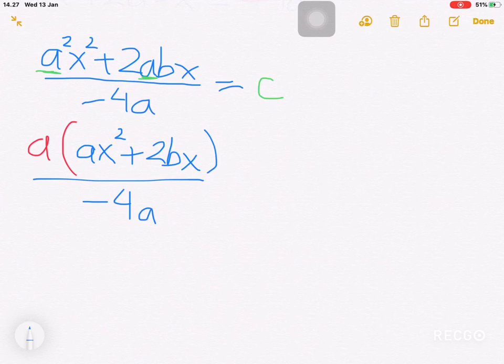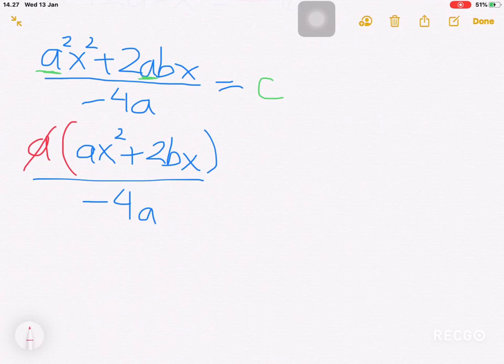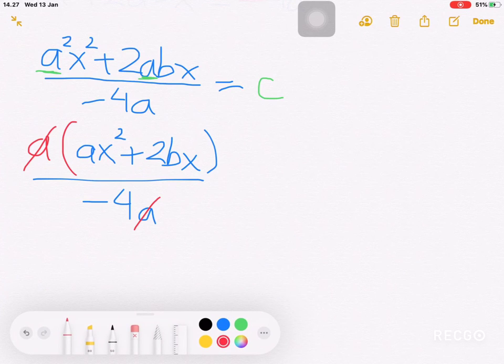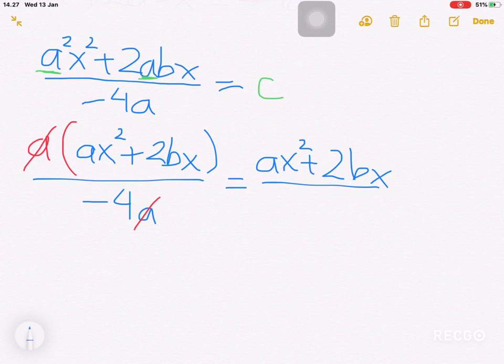And if you want, you can just factor the x out of here, but yeah, it's optional. So yeah, and notice that this a and this a will cancel nicely, so we'll have ax squared plus 2bx over, I'll just bring the negative to the front, so I have negative 4, and I'll just erase this first, so I have negative right there.